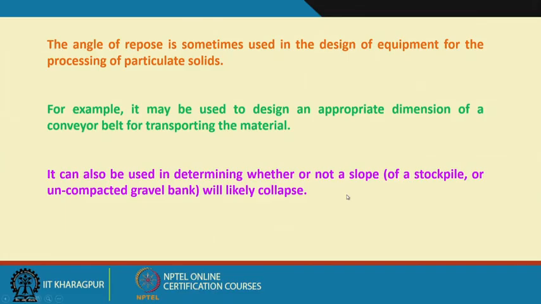It can also be used in determining whether or not a slope of a stockpile or uncompacted gravel bank will likely collapse. That is very, very important. Suppose I have a stack of particles, we call it a stockpile, having 50,000 tons of material. I must be very confident about its stability, because if that shape collapses and you do not have additional space to accommodate these particles, what will happen?